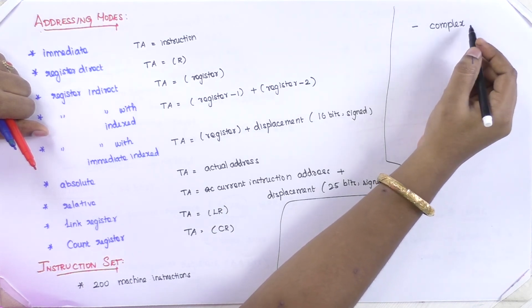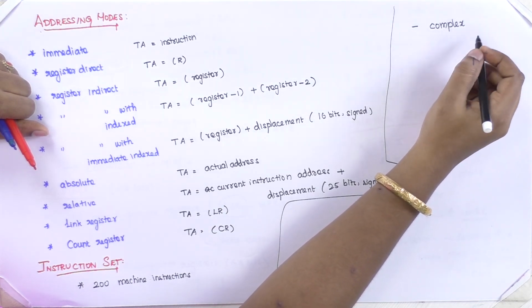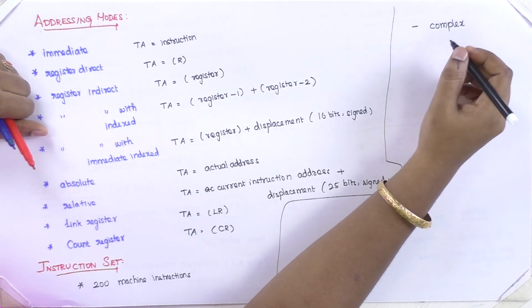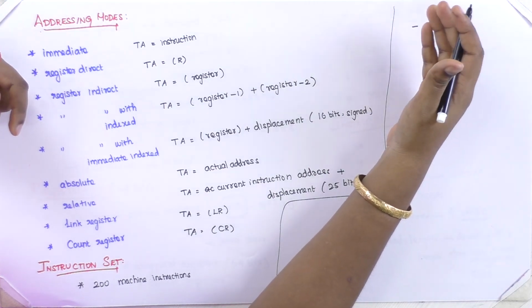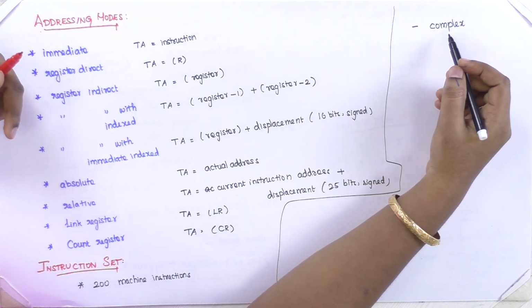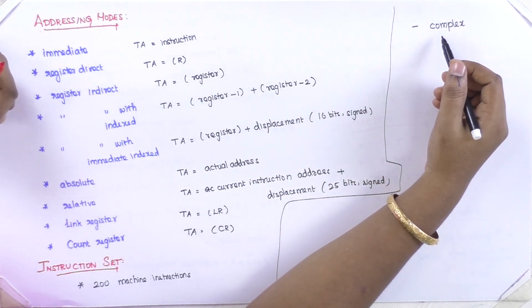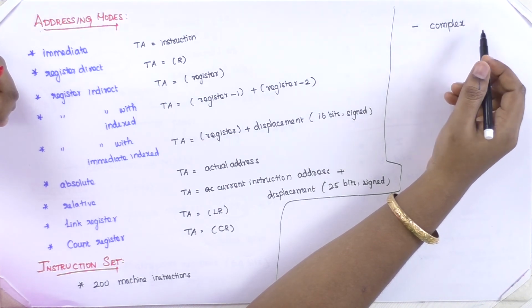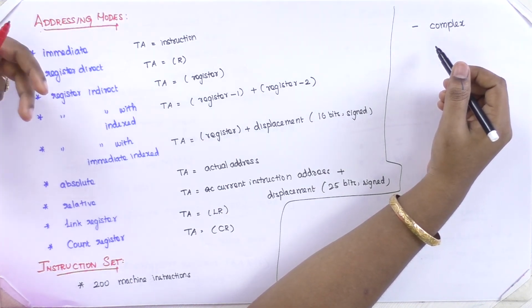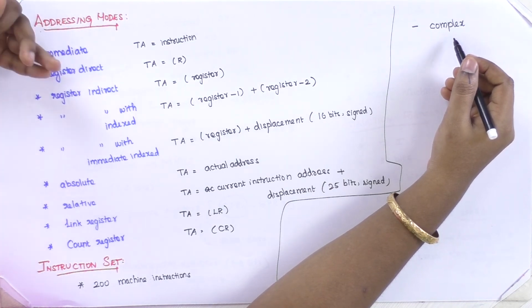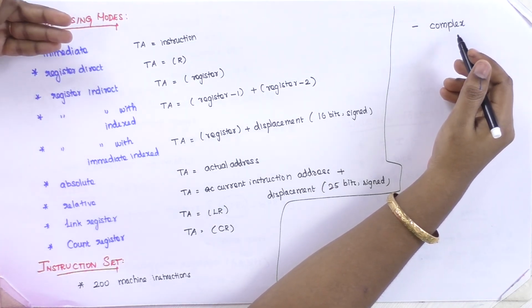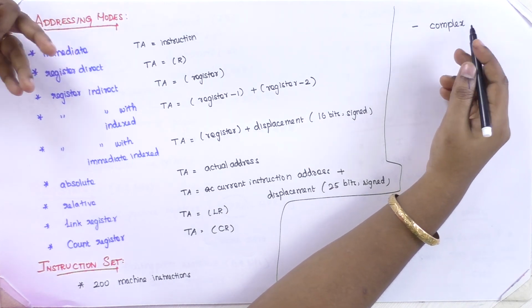For example, usually in the architectures we have seen before, we do addition and multiplication using only 2 operands. Whereas in RISC architecture we will be doing operations like multiplication or addition with 3 operands and more than 3 operands. So there lies the complexity.